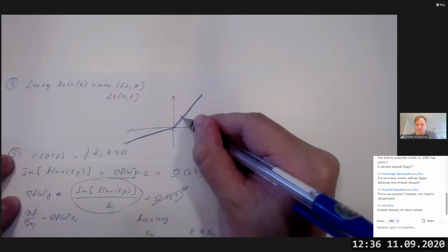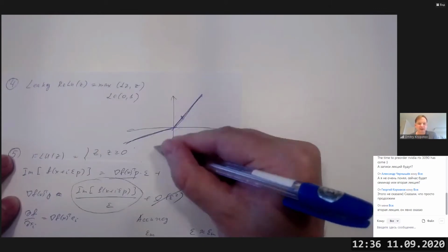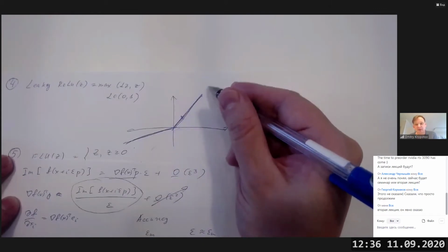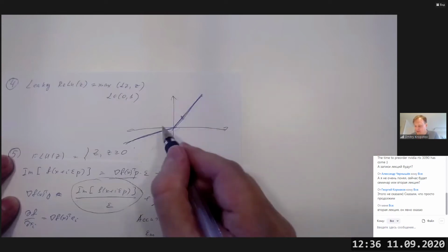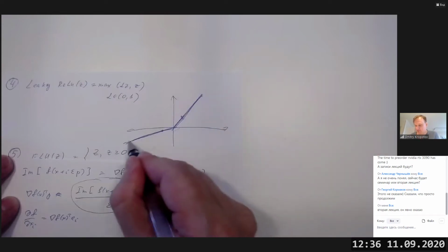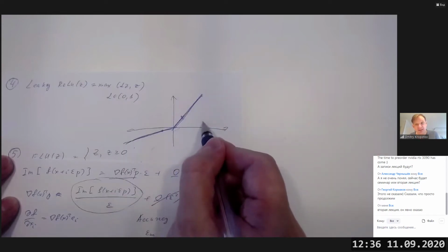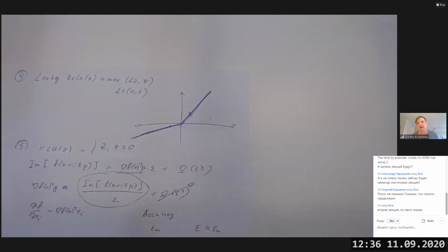If you are standing somewhere here, you approximate your activation function with this line, and if you stay somewhere here, you approximate it with this line, and that would be a completely infinitely continuously differentiable function, and that works also here.